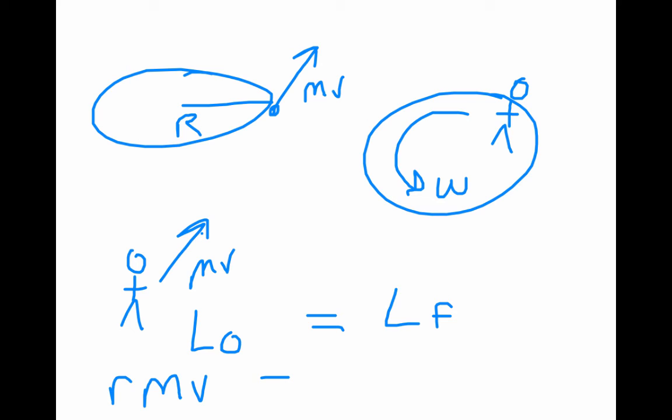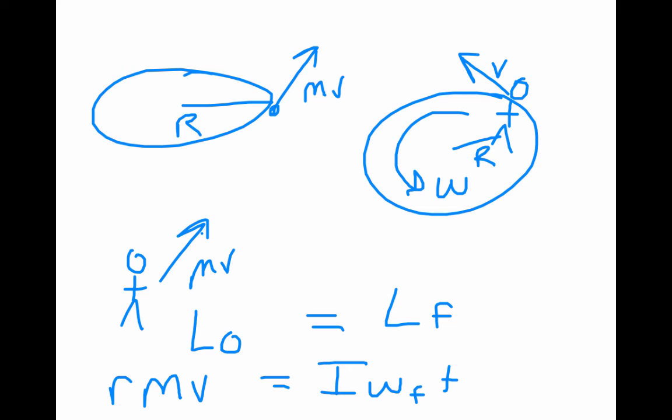Once they jump on the wheel, we can see that the wheel makes sense. The wheel is going to be moving now with I omega. But what about the person? The person's rotating too, but you could also see them as a straight line, a mass that has straight line velocity, wanting to leave the circle in a straight line, and they're still a distance away from the pivot.